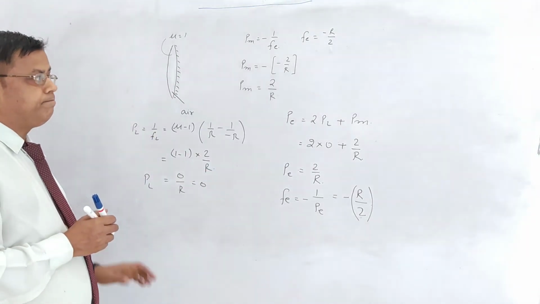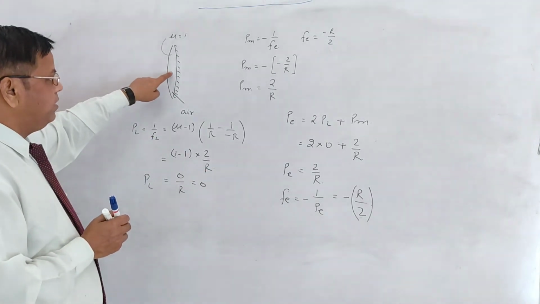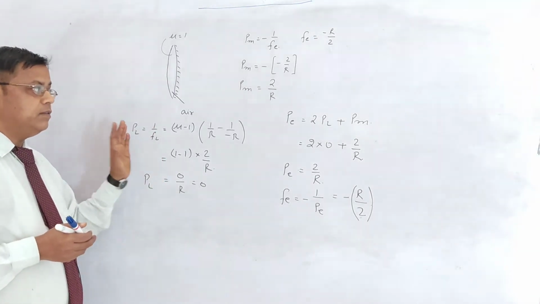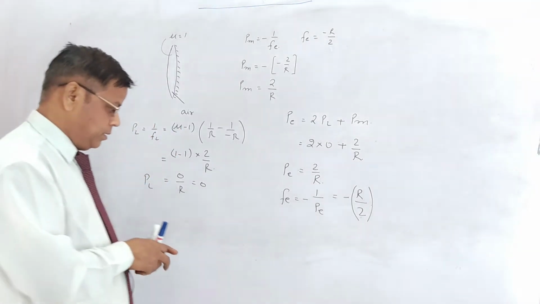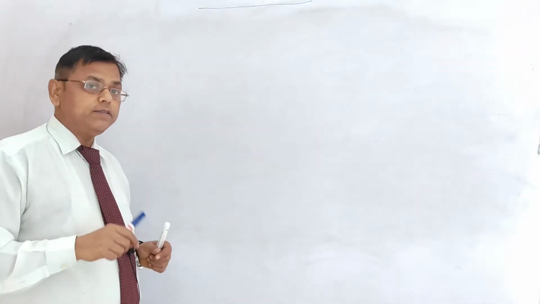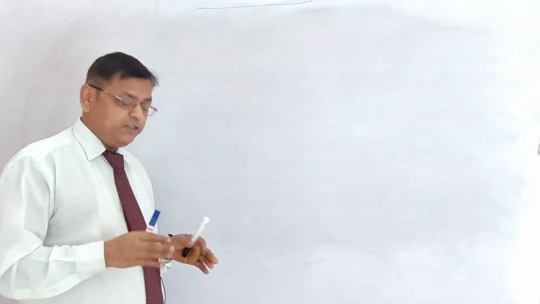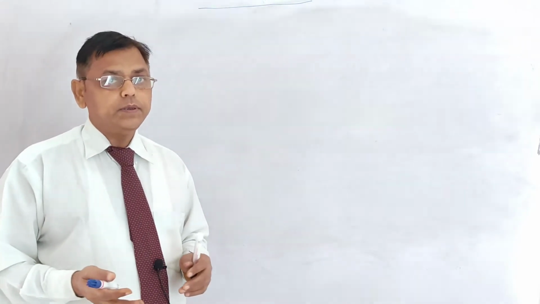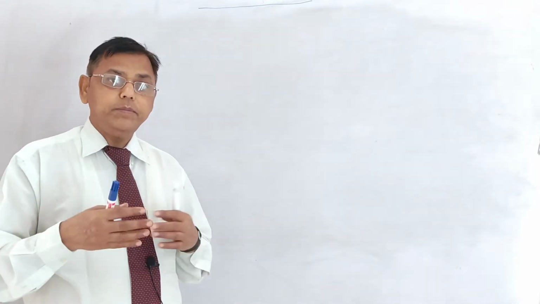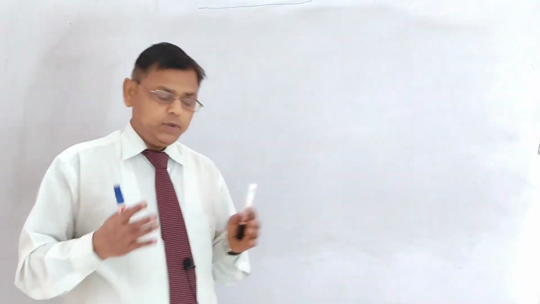If I fill water here, you can find the focal length of the effective lens in the same manner. Till now I used effective power is equal to twice the power of lens plus power of mirror. Is this always true, or can there be a modification in this? Let us see.